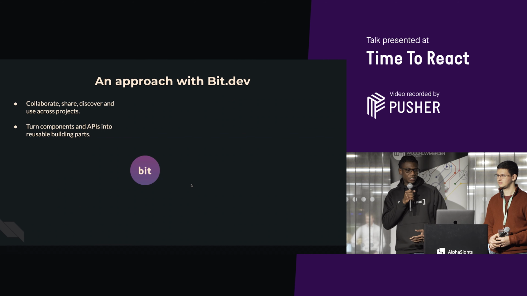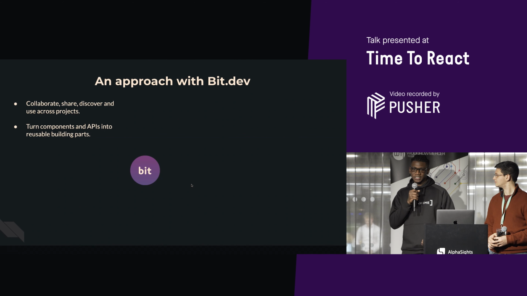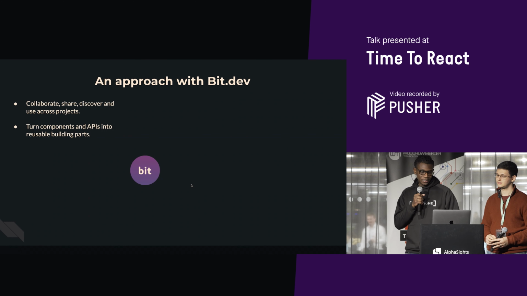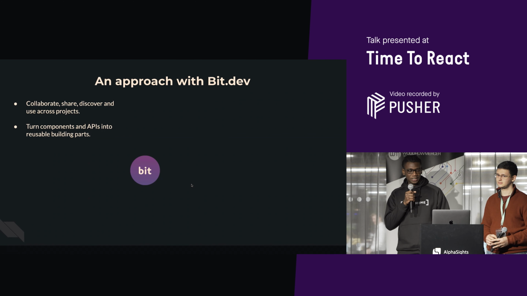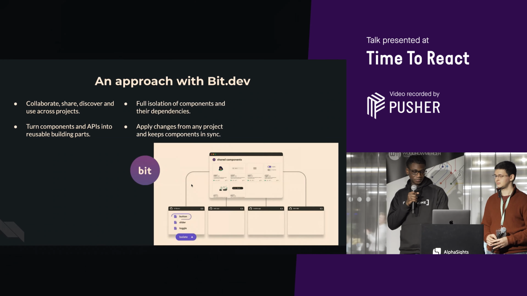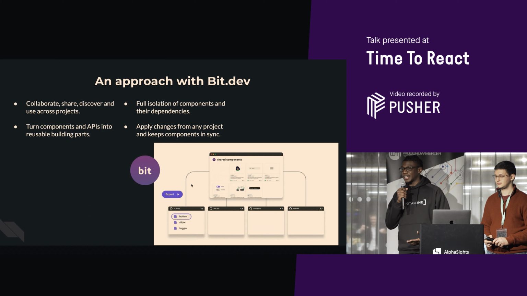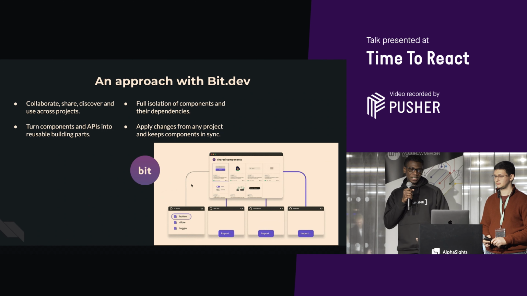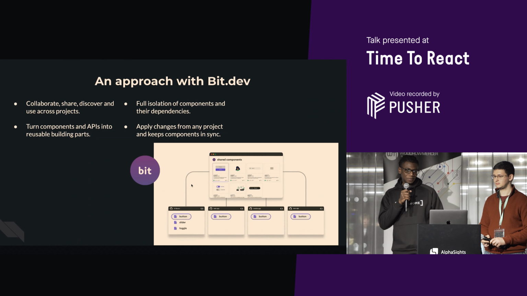Bit.dev provides a way to collaborate, share, discover, and use components across several projects. It turns your components and APIs into reusable building parts. It provides a mechanism by which you can fully isolate your components and dependencies, and it applies changes for any projects and keeps them in sync.